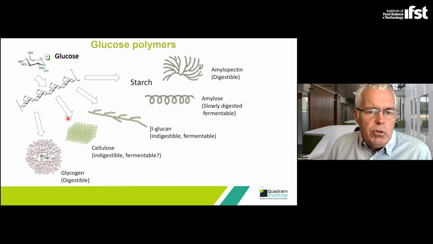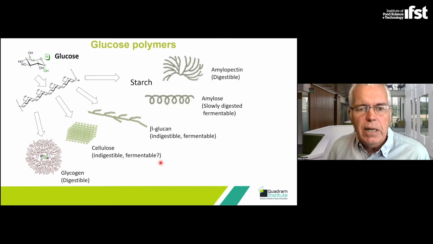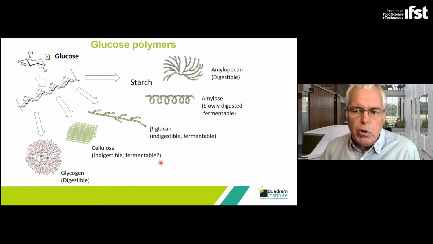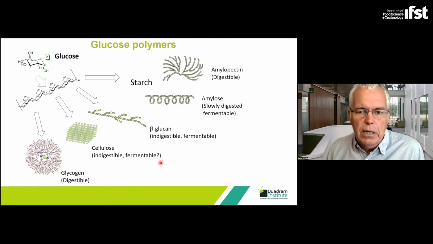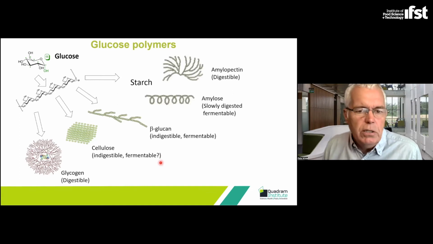And on the extreme side is cellulose, which is a highly structured crystalline form of glucose polymers in a three-dimensional network, which are definitely undigestible, and only fermentable to a very limited level in the human gut. They require extensive fermentation, such as with ruminants who successively ferment the cellulose.